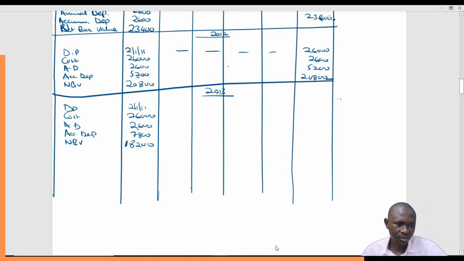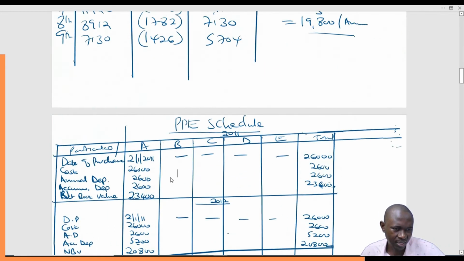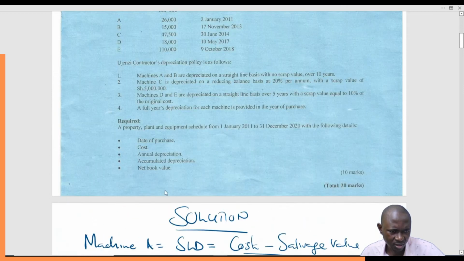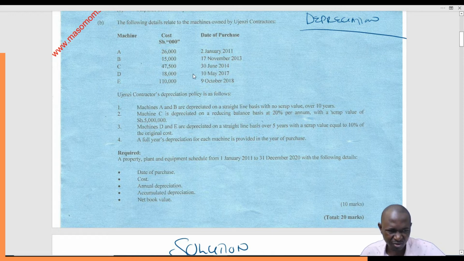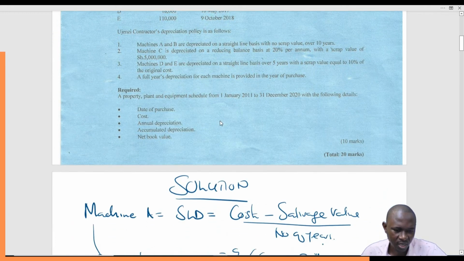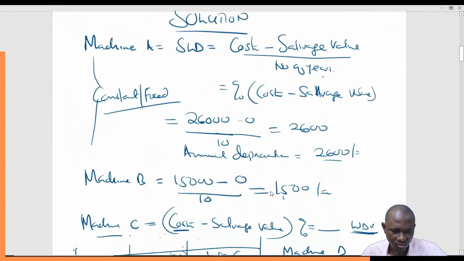In 2013 there's a machine that was bought, and you've been told a full year's depreciation for each machine is provided in the year of purchase. So it doesn't matter whether it was bought in November or whatever, 2013 will compute the full year depreciation. So 17 November 2013, 15,000, and the depreciation for this is 1,500.